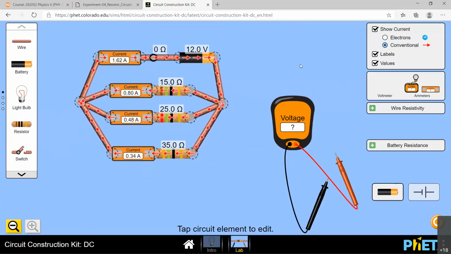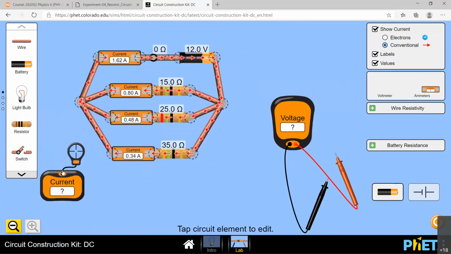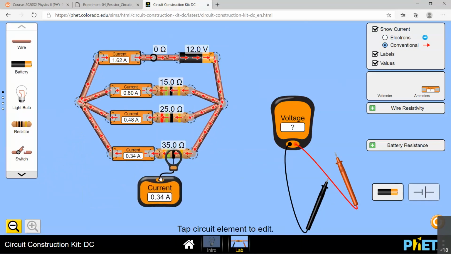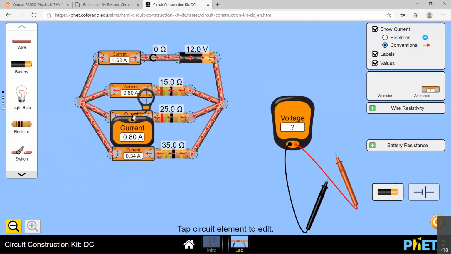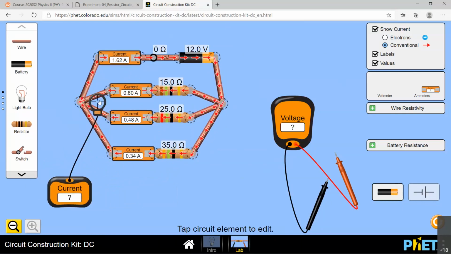And also there's another way to measure the current. You can see here this one. This is actually a wireless ammeter. If you bring that close to a resistor, that will show you the amount of current passing through each of them. Which means instead of using these ammeters again and again, I can use this wireless sensor if I want to, right? Keep it right here, bring the sensor, and then you can see 1.62, 0.8, 0.48, 0.34.